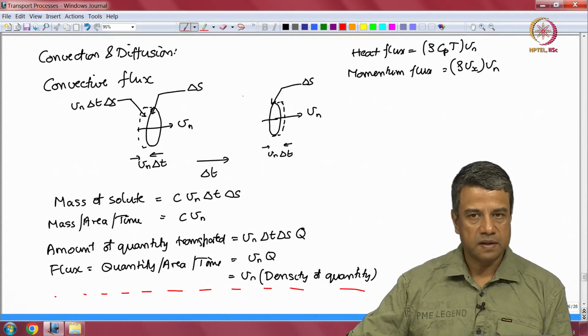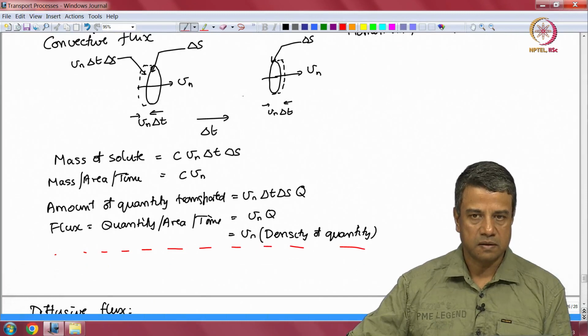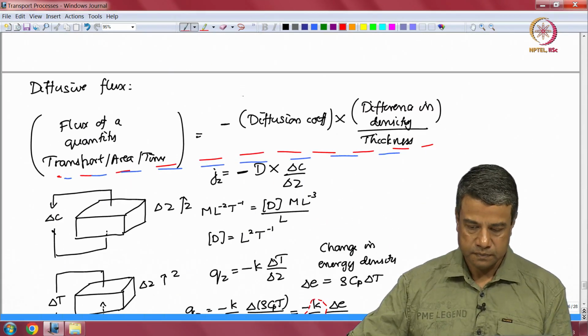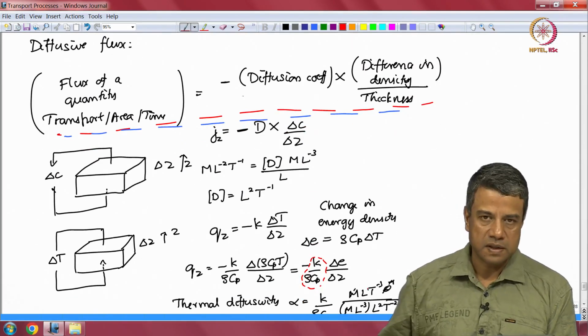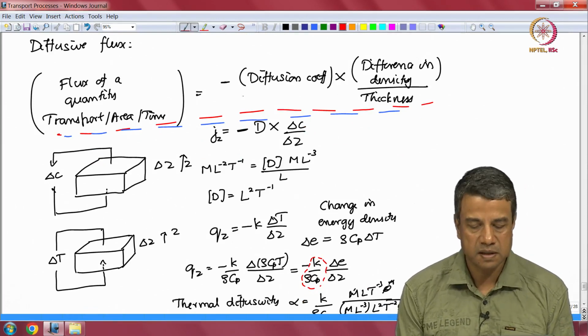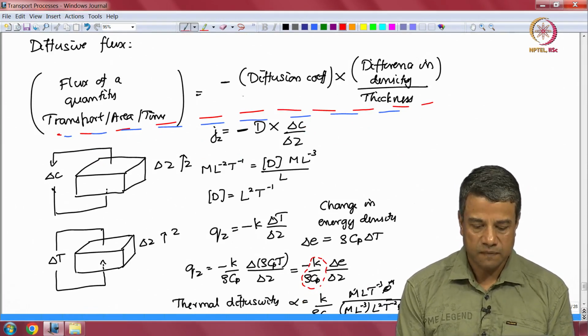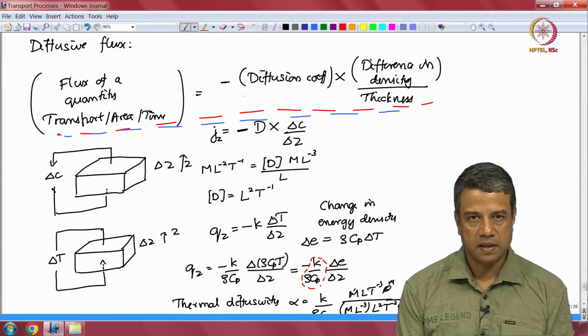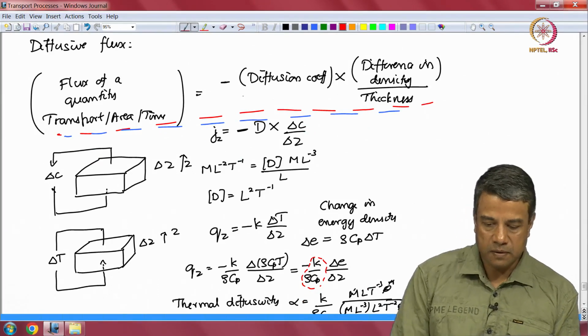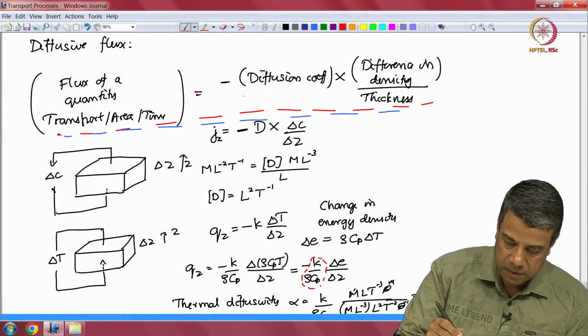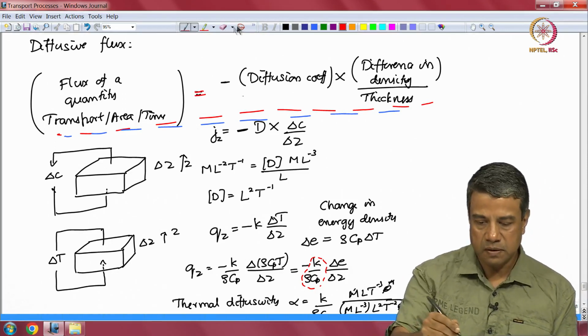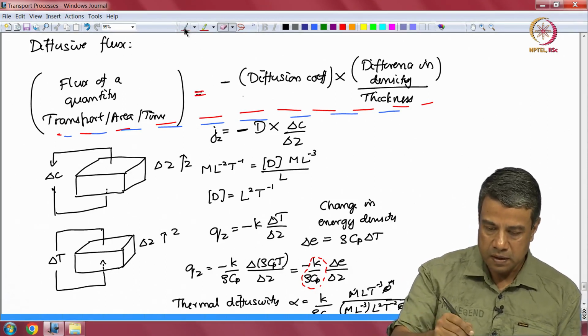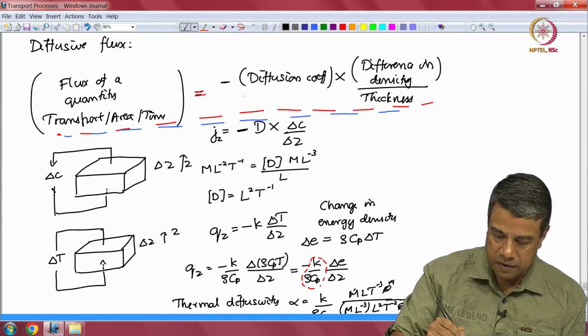That is the convective flux which transports in the direction of flow. The diffusive flux can be in general defined as follows: the flux of a quantity on the left side, that is the transport of the quantity per unit area per unit time, is equal to the diffusion coefficient.